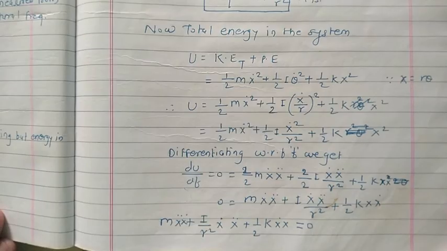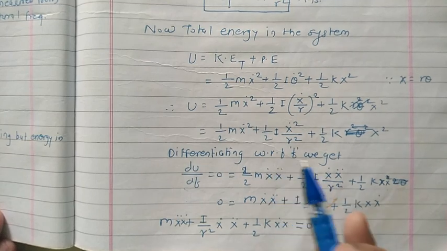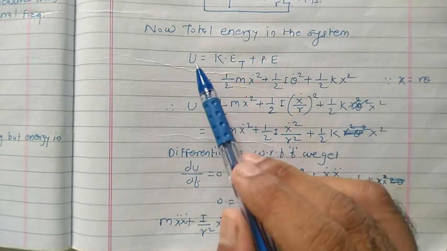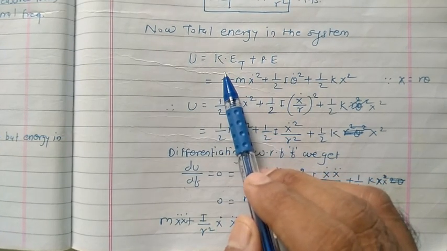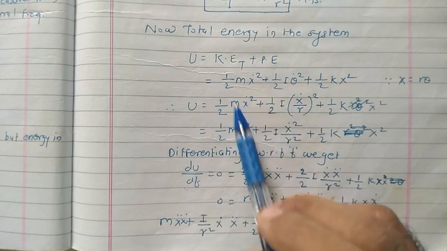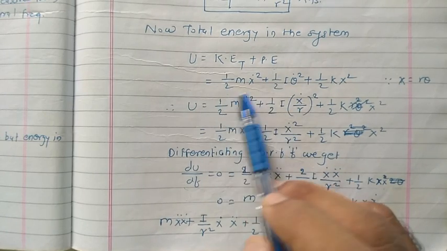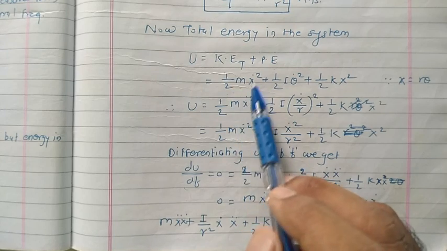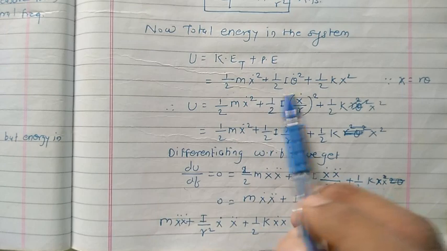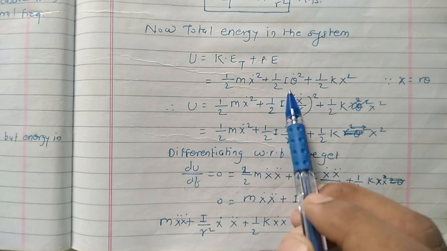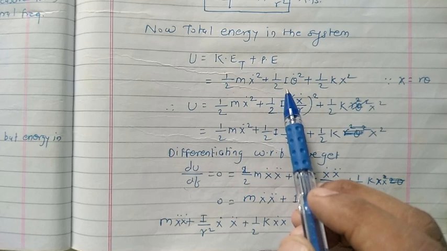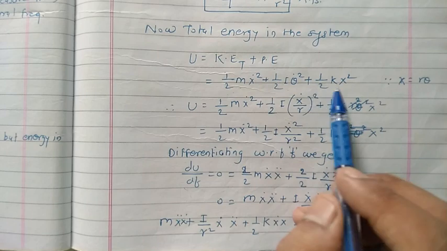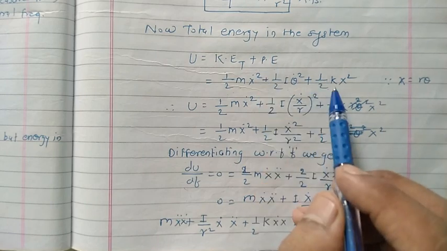So this is about the m equivalent. Now our next target is to get the frequency relation. For that we know the total energy. Total energy is nothing but kinetic energy in the system plus potential energy in the system. The kinetic energy possessed by that mass is 1/2 mass multiplied by x single dot square, plus the kinetic energy possessed by that particular roller during the rotational motion, 1/2 I into theta single dot square, plus the potential energy 1/2 k into x square.